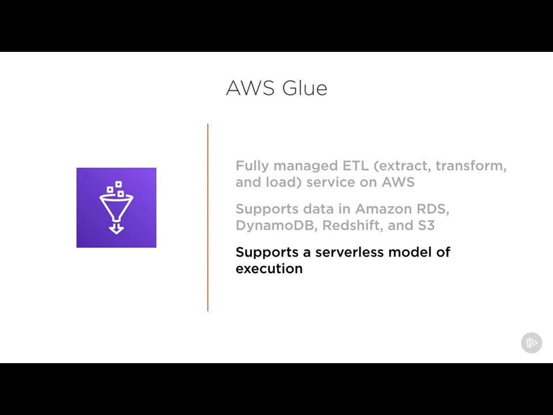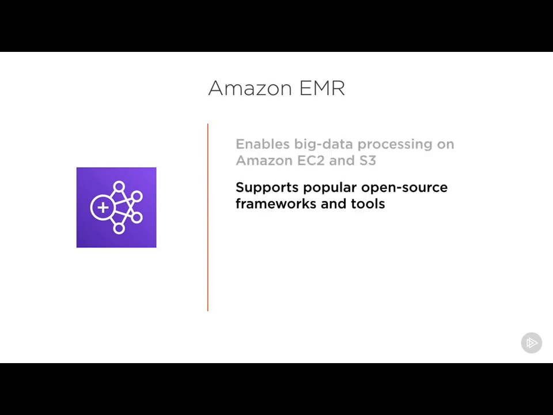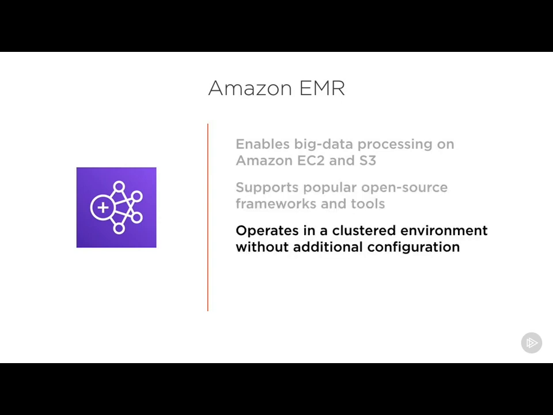Now, next, we're going to talk about Amazon EMR, or Elastic MapReduce. And what this does is this enables big data processing on Amazon EC2 and S3. And it supports popular open source frameworks and tools, which we will cover in just a bit. And it operates in a clustered environment without additional configuration, and this is really one of the benefits of the service.